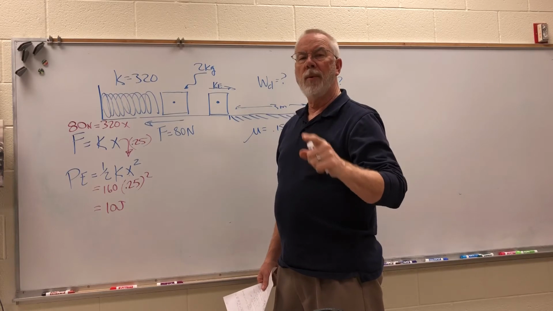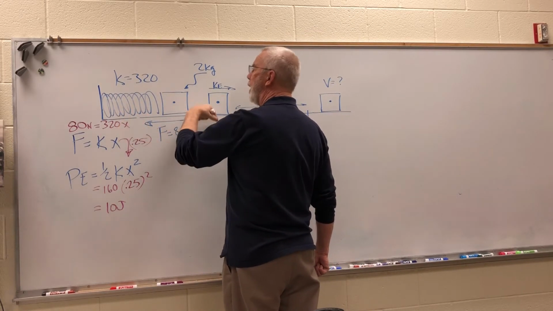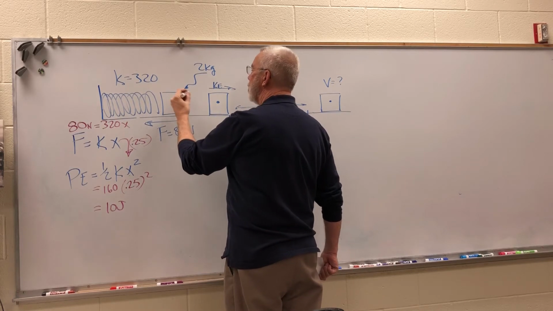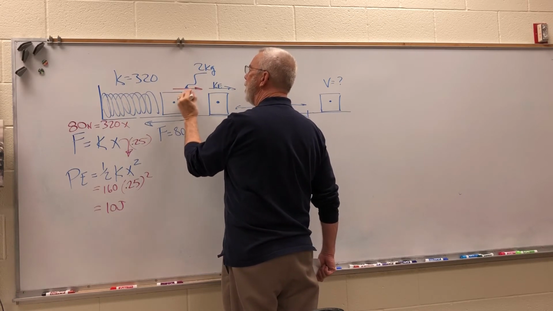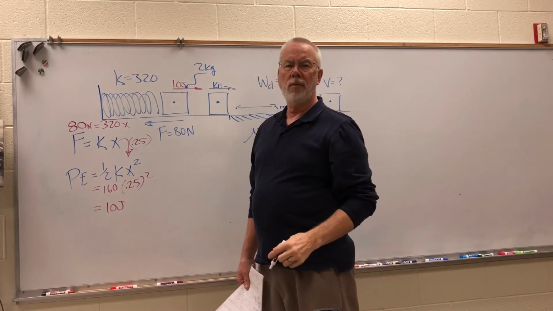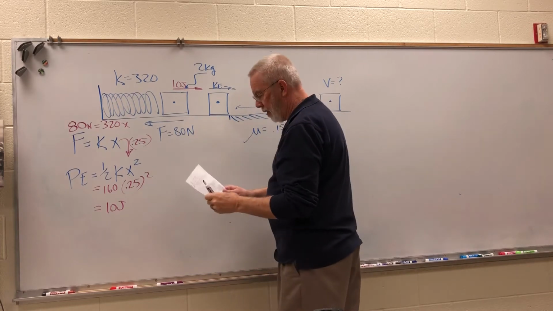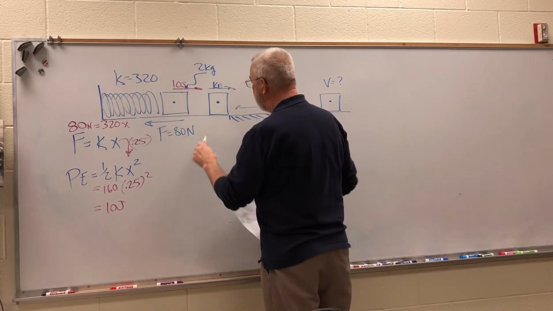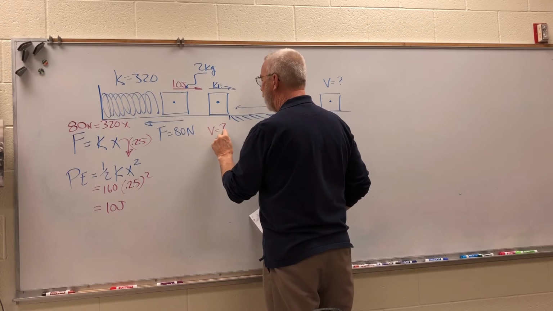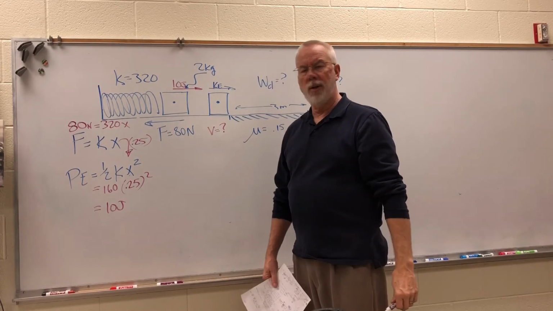But then you should remember that I said that the energy that the spring has is going to be transferred to the block. So as this block starts sliding this way, it has 10 joules of energy also. So they want to know in the problem, what is the velocity of the block just before it goes across the friction?